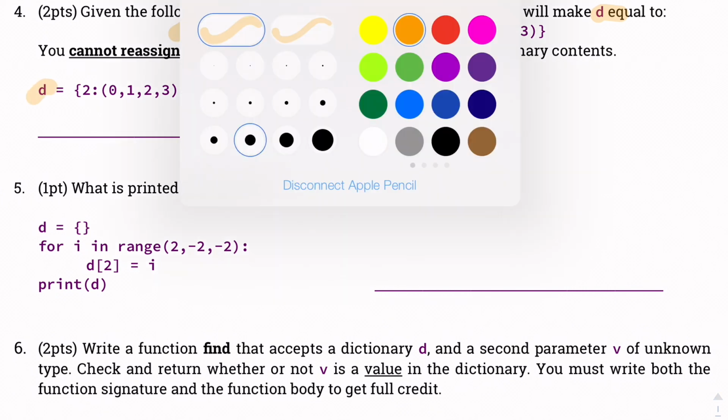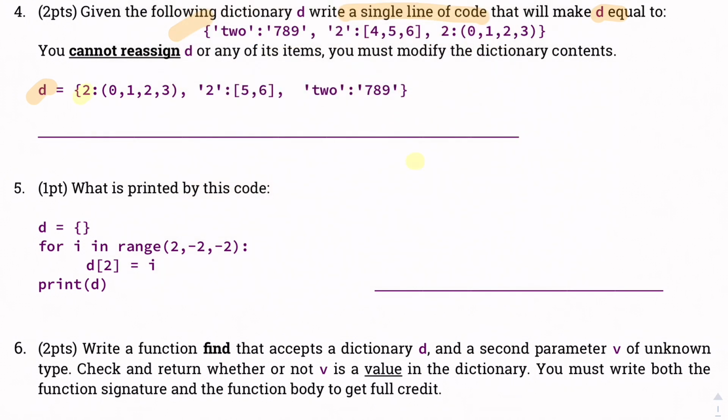Let's first find where the differences are. At the key 2, that is over here. This key is the tuple 0, 1, 2, 3, and its value is the tuple 0, 1, 2, 3. So there's nothing to do about that particular key value pair. Let's check the next one. The key with the digit 2 is a string. Oh look, there it is. Let's see if the values match. We've got the list 5, 6 and the list 4, 5, 6.